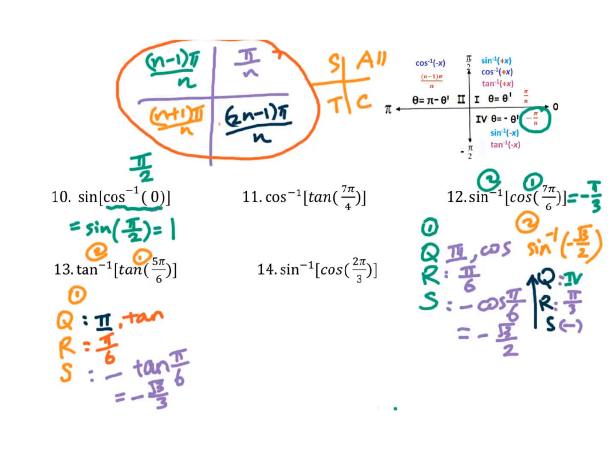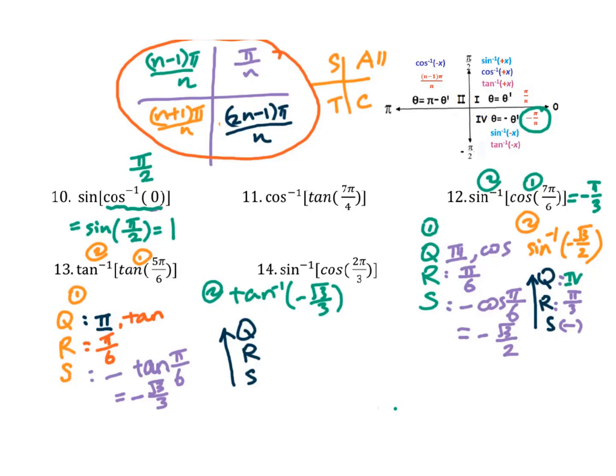Now we go to second step, working on inverse tangent of negative square root of 3 over 3. We do QRS backwards because angle will be the expected value.